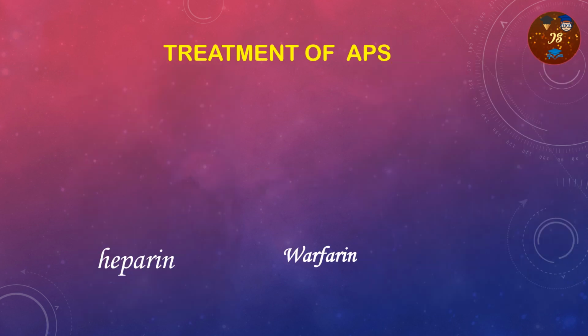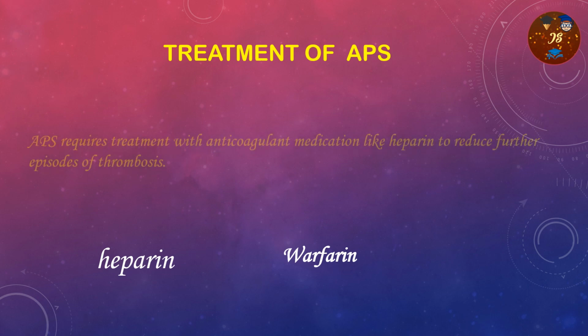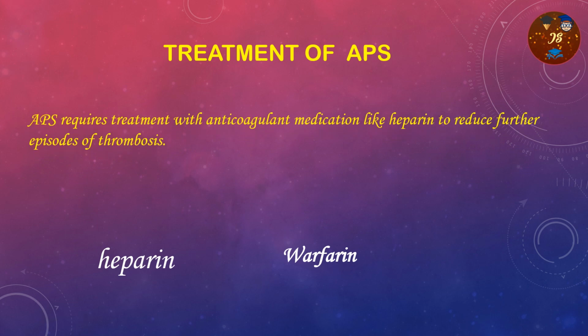So what is the treatment of APS? Two names are here. One is heparin, another one is warfarin. APS requires treatment with anticoagulant medication like heparin to reduce further episodes of thrombosis. When we apply heparin, it is expected that the coagulation level will gradually decrease.